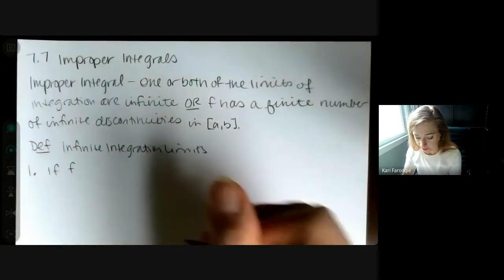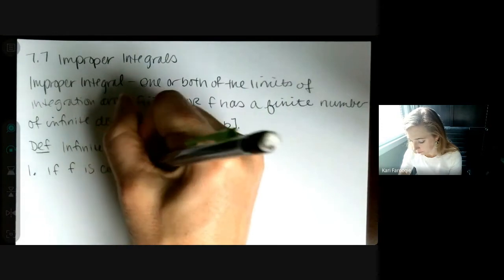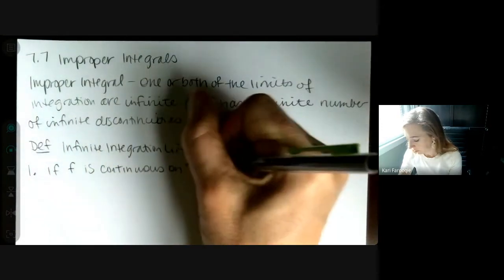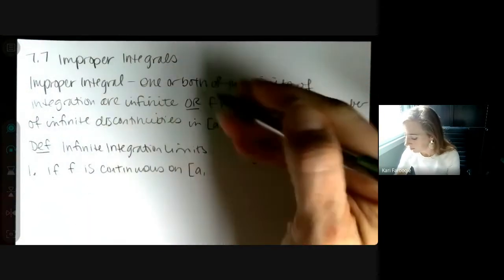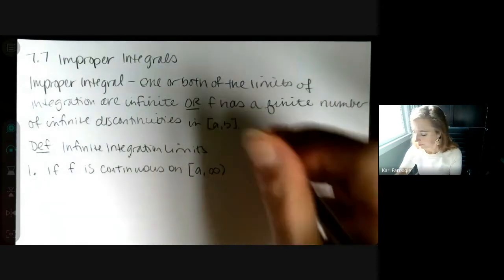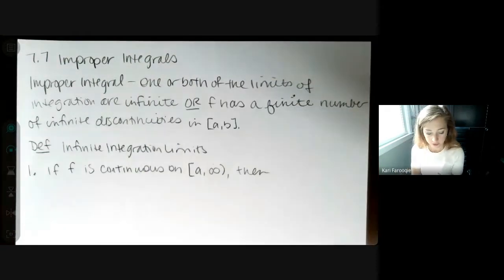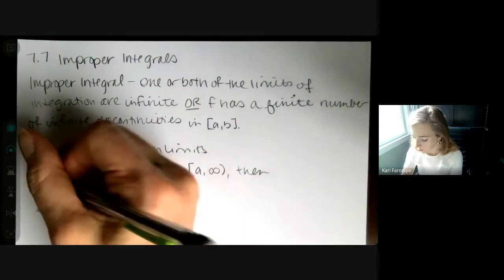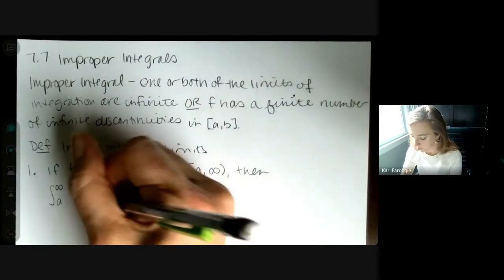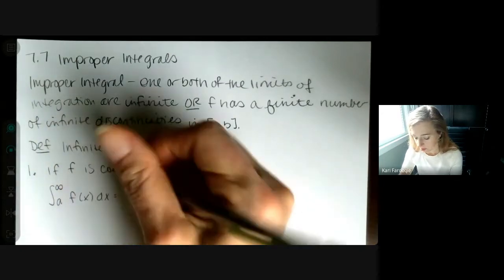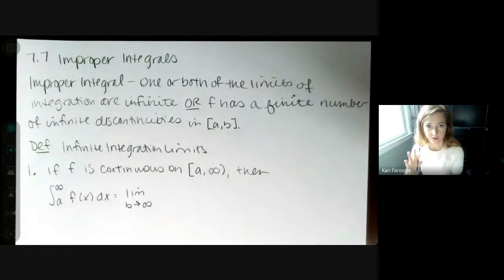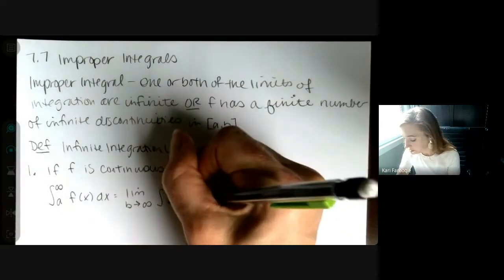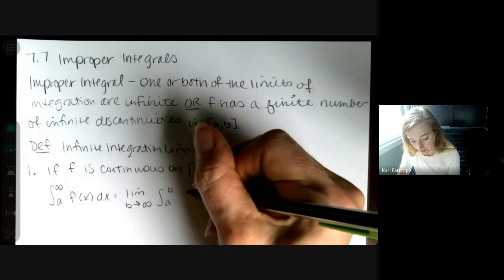So we would say if f is continuous on the interval from a to infinity, then the integral from a to infinity of f of x dx is equal to the limit as b approaches infinity, and you can switch these variables up however you want, of the integral from a to b of f of x dx.